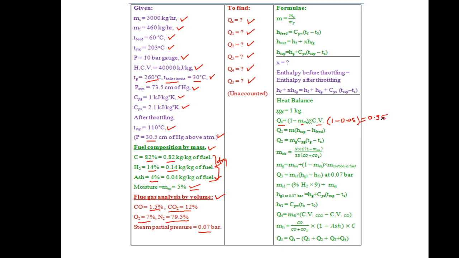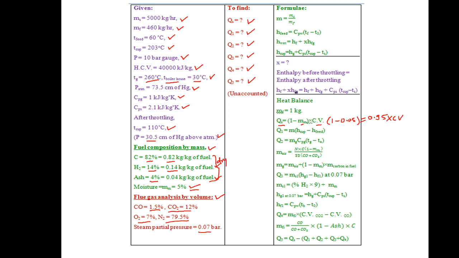Actually we are going to burn 1 kg of fuel, but that fuel contains only 0.95 kg of original fuel and 0.05 kg is the moisture. So multiplied by calorific value gives us the amount of heat liberated by combustion of 1 kg of fuel.